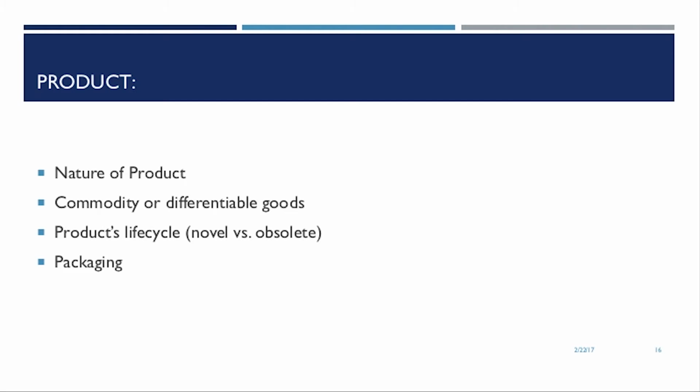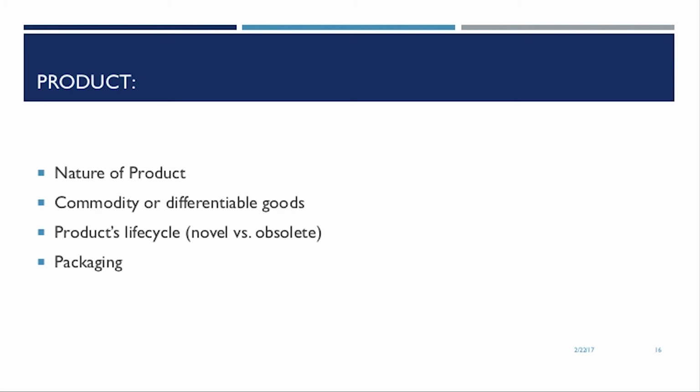If it's a commodity, it means that the company itself doesn't have much power over how high the price can be. If it's very special, a special good, then it can raise the price and customers will still stay. And there's the product's life cycle.